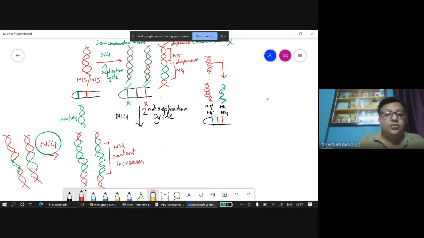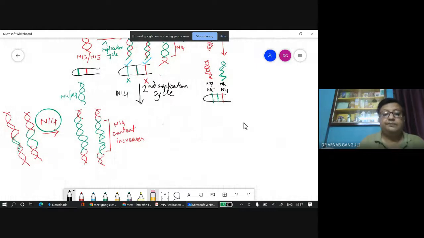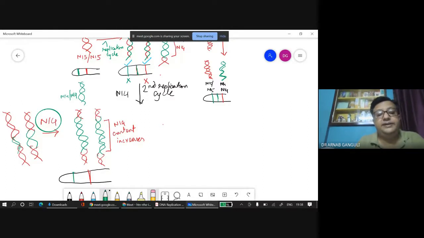In this case, what would have happened? If you draw this tube, this was the heavier band and this was the N14 band. Say this was the central band in the first generation.